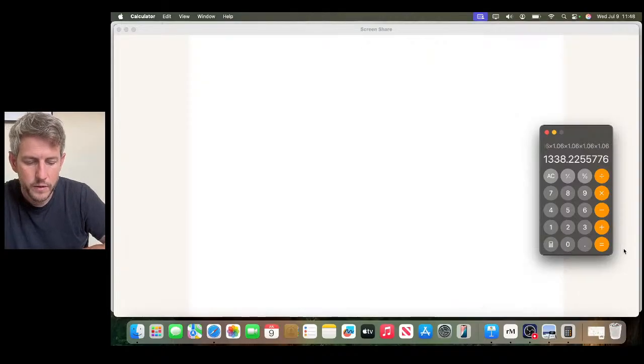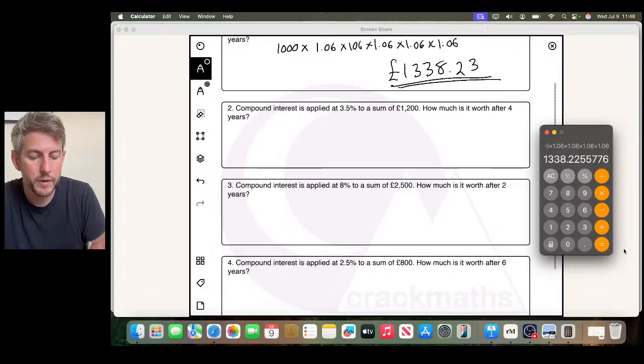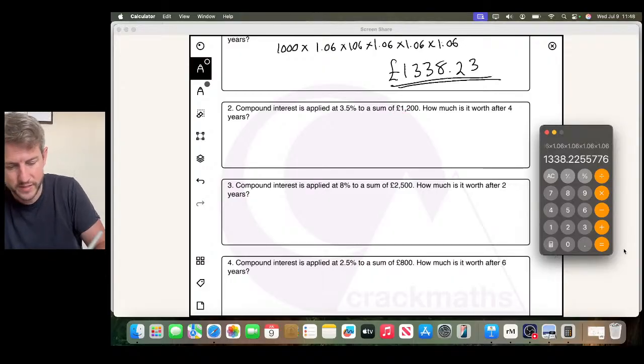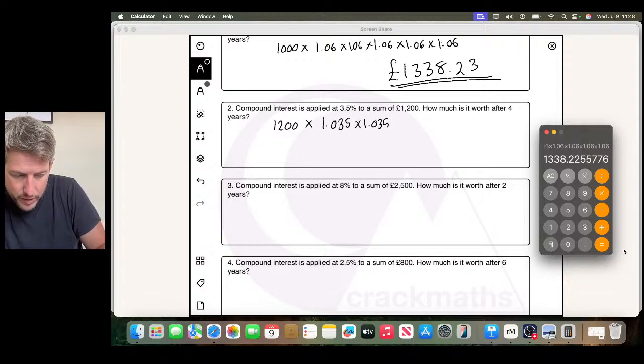Question 2. Compound interest is applied to a sum of £1,200. How much is it worth after 4 years? Again, we've got our starting amount and then multiplied by 1.035, 4 times this time.